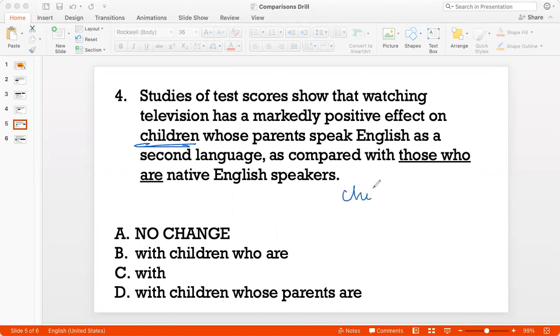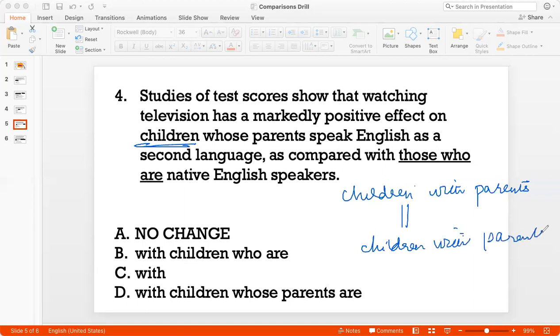If I'm comparing children with parents having a certain quality, this quality being that they speak English as a second language, then I have to compare this with children who have parents with a certain other quality, which in this case is that those parents are native English speakers.